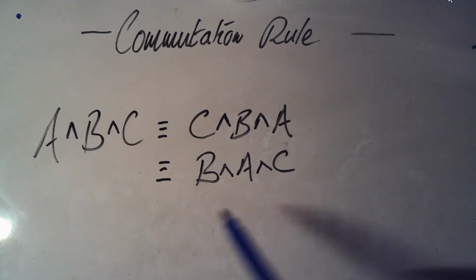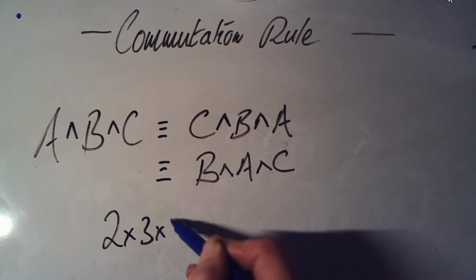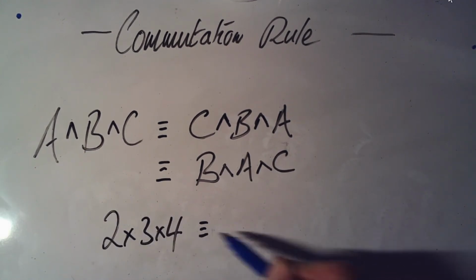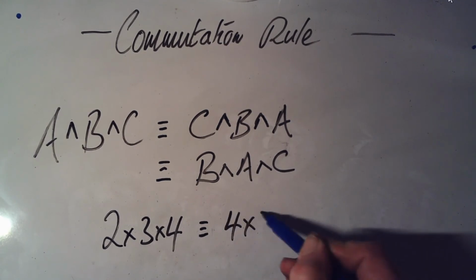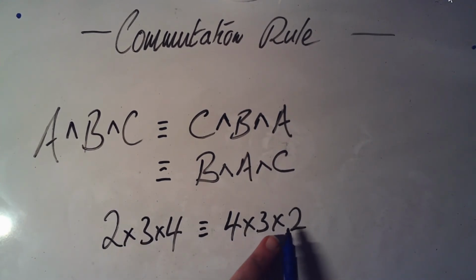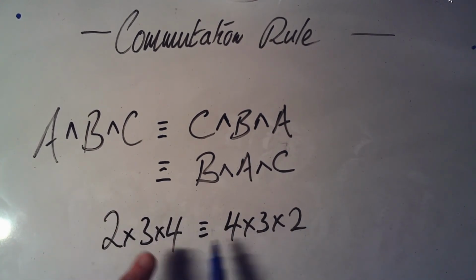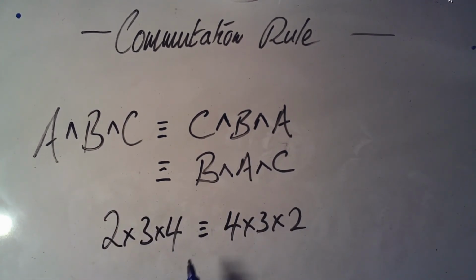So just like, guys, we would say, for example, 2 times 3 times 4 gives us exactly the same result as 4 times 3 times 2. As long as we've got the same operator and we're doing the same mathematical routine with our numbers, we can move our numbers around and it doesn't make any difference to the logic, or in this case, our final calculation.